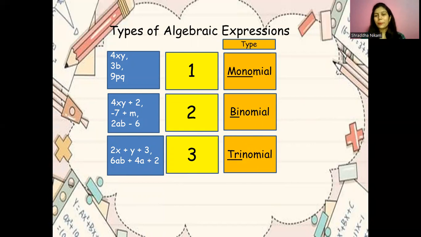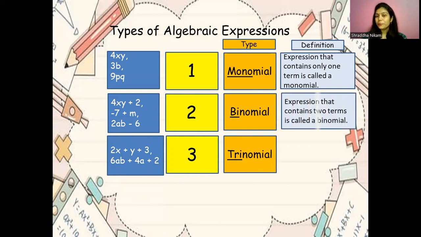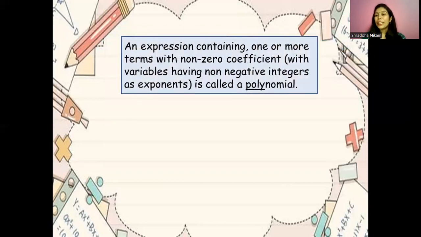Tri means 3. Definition: an expression that contains only one term is called a monomial. An expression that contains 2 terms is called a binomial. And an expression containing 3 terms is a trinomial. And there is one general type of algebraic expression too. It is nothing but a polynomial.